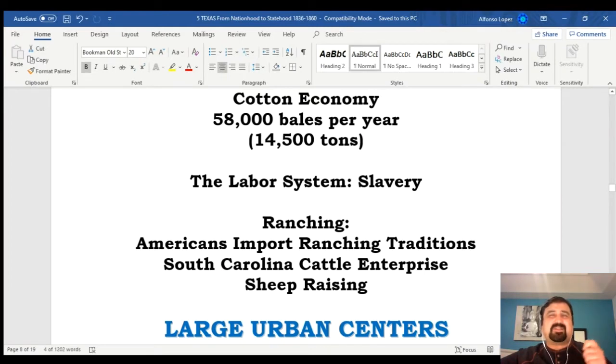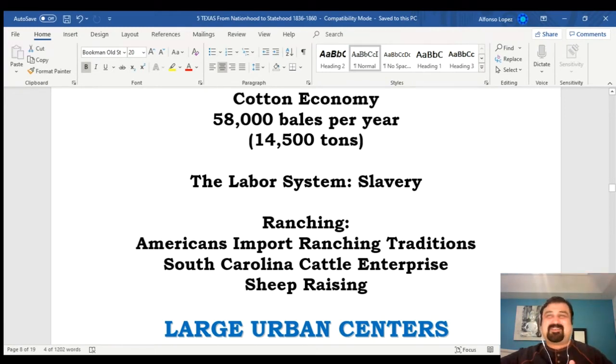This is not a wage labor system; it's a slave labor system. So slavery, with the coming of the plantation in the years of the Texas Republic, is going to become the dominant system of the plantations, and eventually, as we'll see, slavery will become the dominant labor system of the state once Texas joined the Union.